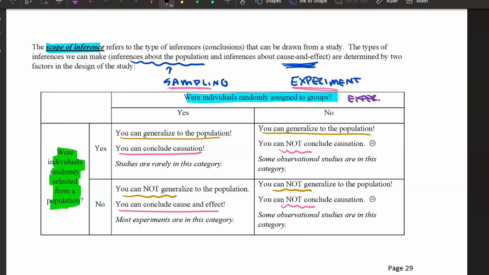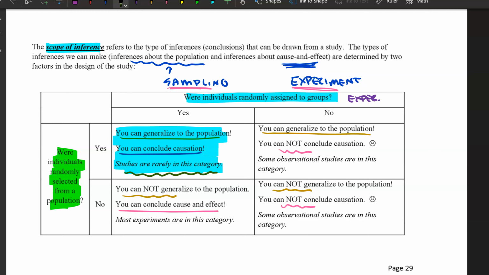So put those together and we got these four situations. This would be the place to be if you could choose, right? You randomly sample and then you run an experiment. You can generalize to the population and you can conclude causation. I will say though that you are rarely in this category whenever you do a study.